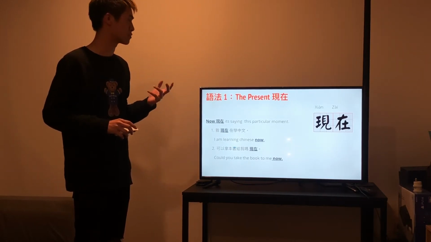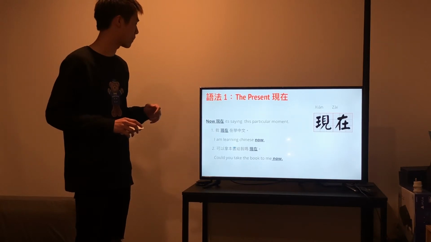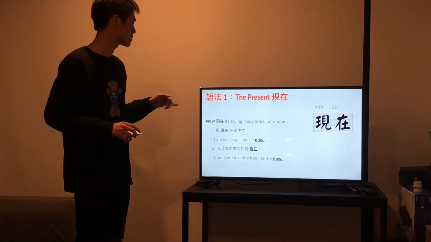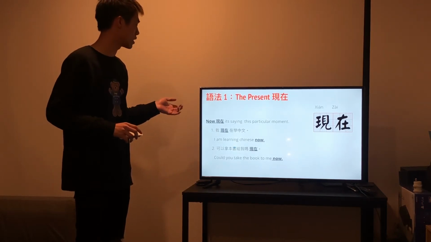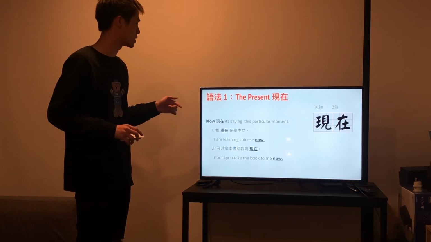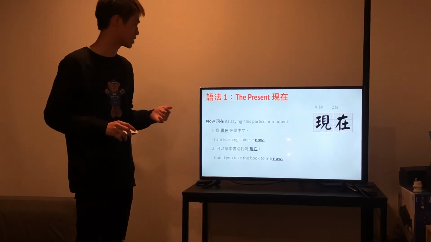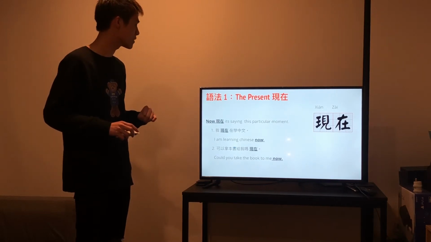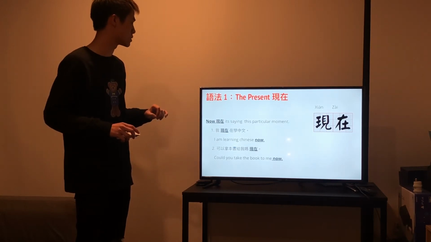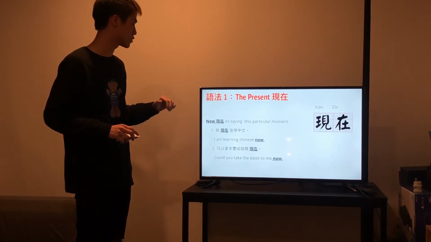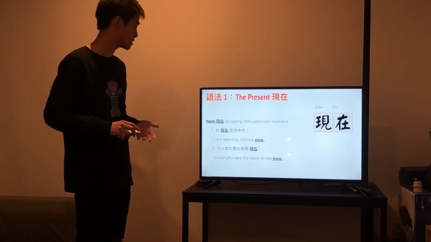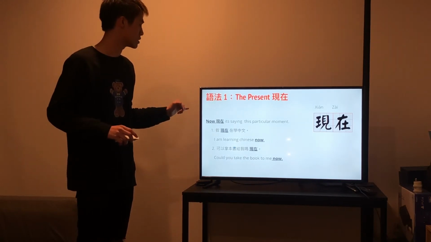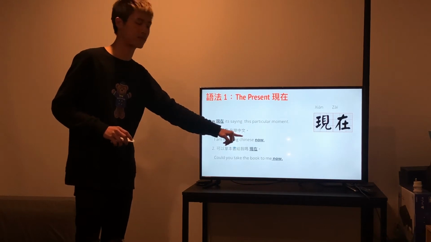It's combined from two words, and this Chinese 现在 means now, referring to a particular moment in time. The first example is 我现在在学中文, which in English is I'm learning Chinese now. So 现在 is equal to the now at the end of the sentence.